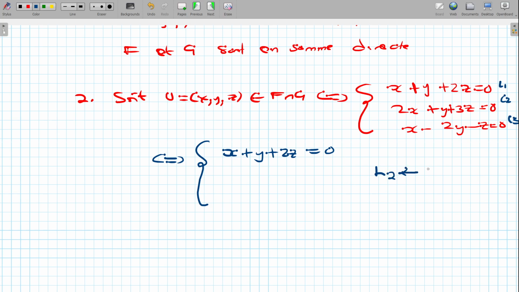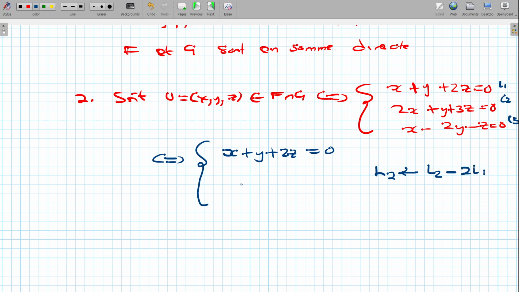L2 receives L2. Then what must I do to the first one? To first make the coefficients equal, and then take the operation between the two. The operation is going to be a minus, and I have to multiply the first line by 2. So L2 minus 2L1, like so.